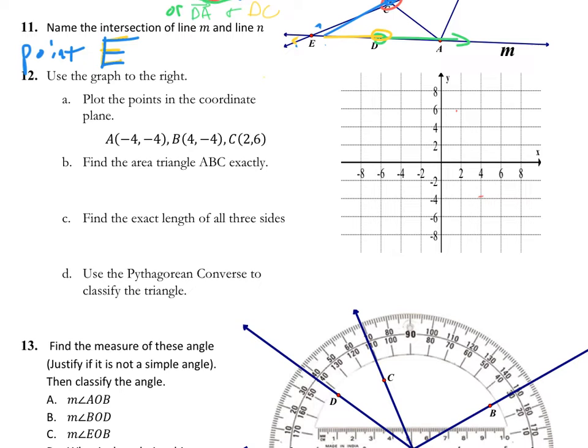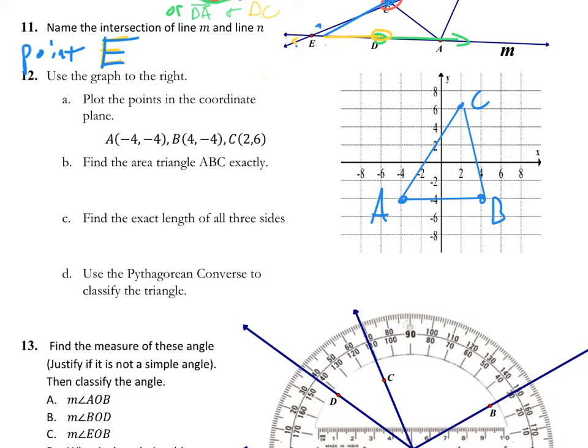Nope, that's -4, -4. Gotta read carefully. So -4, -4. B at 4, -4. There's B. And C at 2, 6. And let's draw in our triangle. So here's our triangle. We need to find the area exactly.